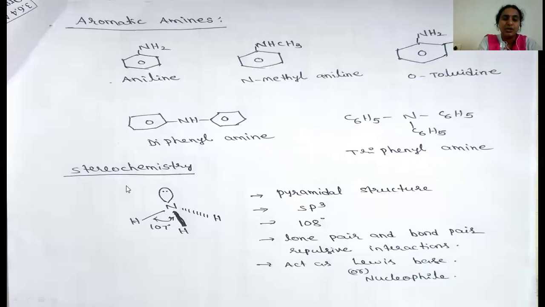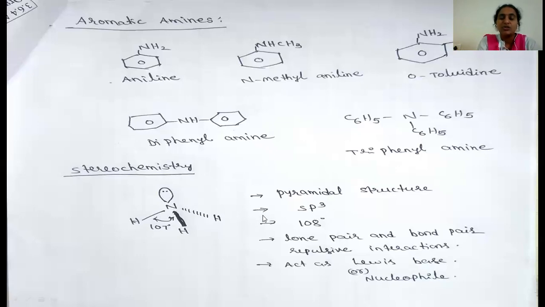And coming to the stereochemistry of ammonia or any amine, generally the nitrogen contains one lone pair of electrons and can make bonds with 3 alkyl groups or 3 hydrogens. So here the hybridization is sp3.